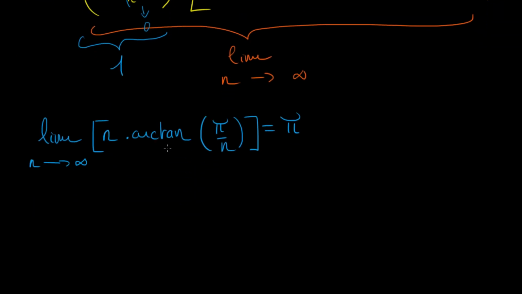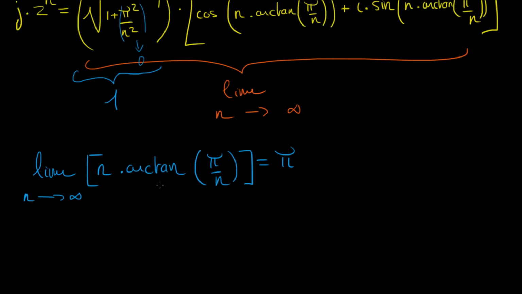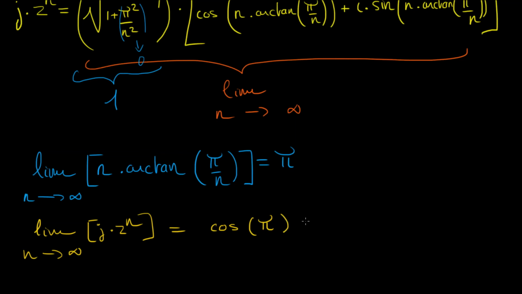So we get that the limit as n goes to infinity of j times z taken to the power of n is equal to the cosine of pi plus i times the sine of pi.